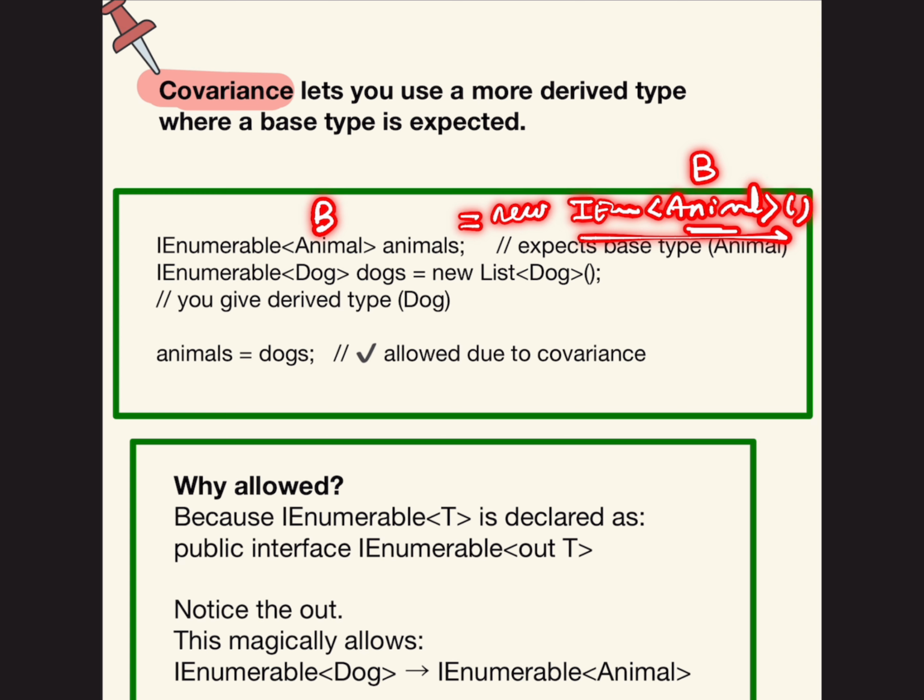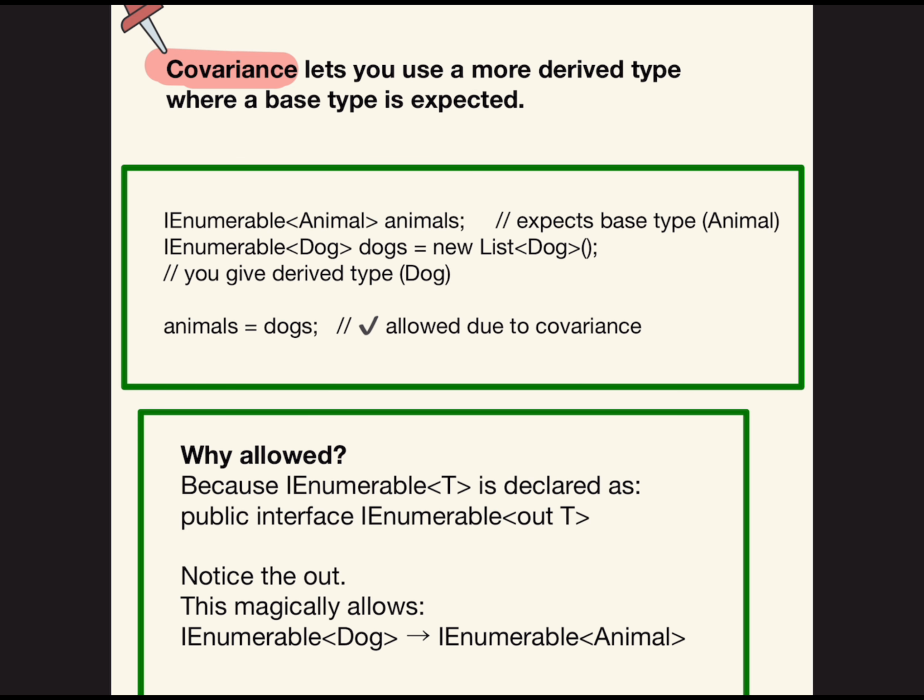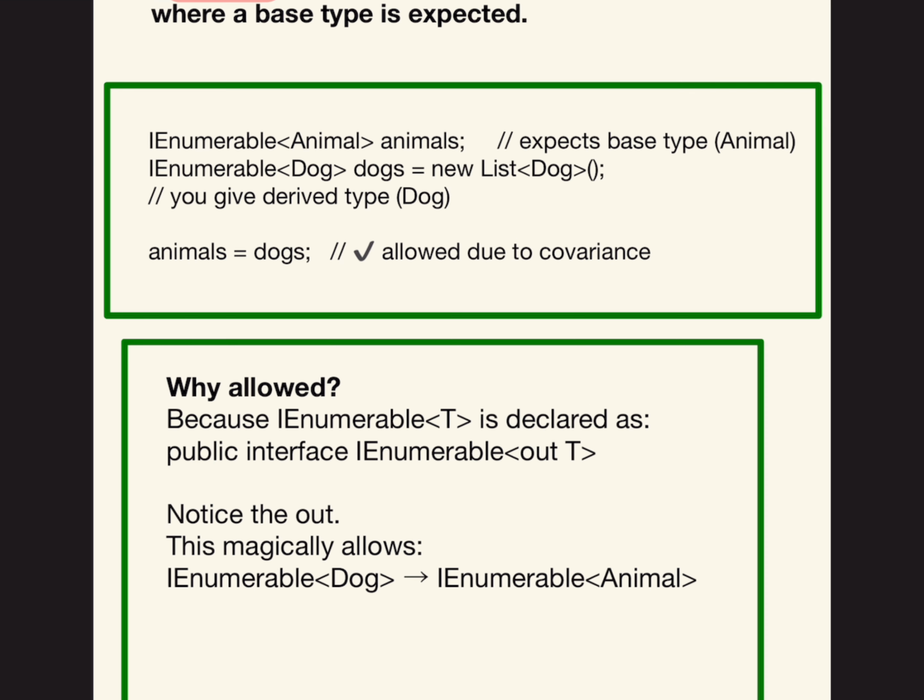So instead of this base, I can go for the derived type, that is Dog. Now IEnumerable of Animal equal to new IEnumerable of Dog, I can do. So see the meaning: it lets you use a more derived type where a base type is expected. You are expecting base here, but you got a derived type, so that is going to work. Covariance allows that. So that is what we have done here. The dogs have been assigned to animals, allowed due to covariance.